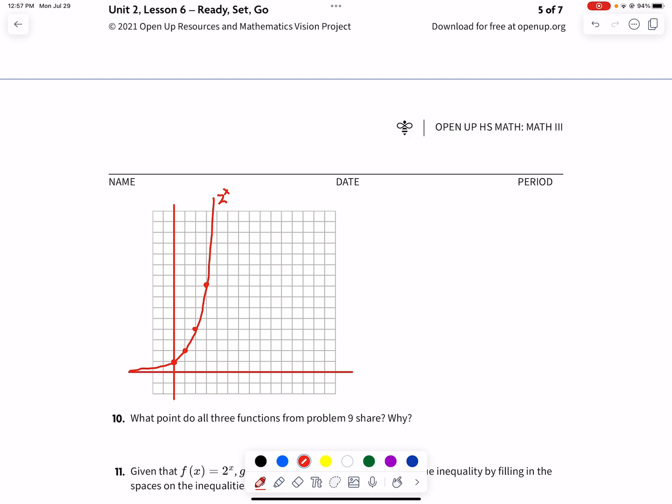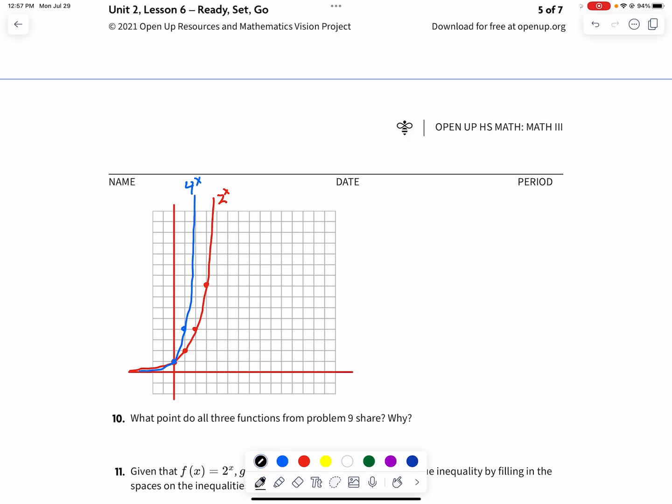Okay, and then I will do the 4 to the x in blue. 4 to the 1, 4 to the 2 is already off the page. I think it's barely off the page, but oh well. Okay. And then e to the, oh, that was 4 to the x.